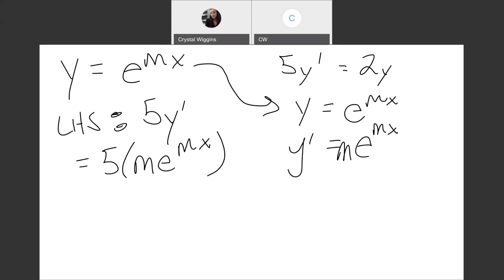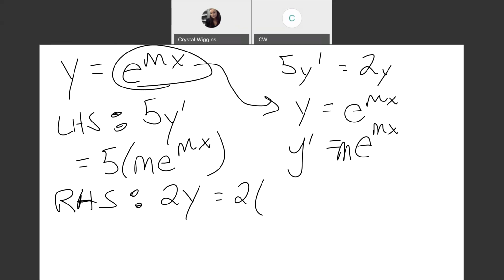All right, now let's take a look at the right-hand side. There's not a whole lot I can do to simplify the left-hand side besides just dropping the parentheses. So the right-hand side is 2y. Well, I already know what y is, so I'm going to replace the y with this function, e to the mx. So the left-hand side of the equation is 5me to the mx. The right-hand side of the equation is 2e to the mx. They're not the same yet.